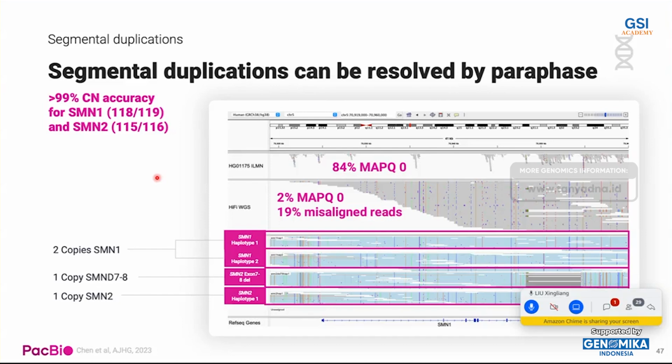Here is an example. When we look at the SMN1 and SMN2 paralog genes, which are known to be associated with spinal muscular atrophy, a leading cause of infant death, for different patients we could accurately detect different SMN1 and SMN2 allele-specific genomic profiles, just using HiFi sequencing and the Paraphase tool.